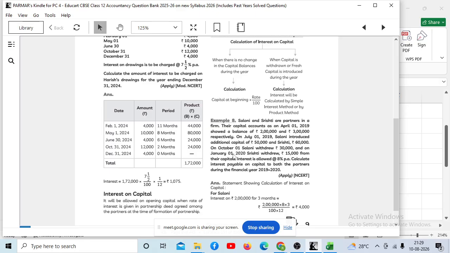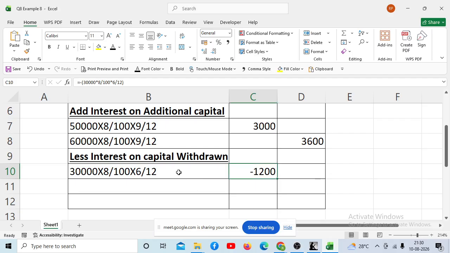So January, February, March. It comes to 3 months. So we will be subtracting it for 3 months. So 15,000, 8% for 3 months. Do the calculation. 300. And this also you put in brackets because it is to be subtracted.